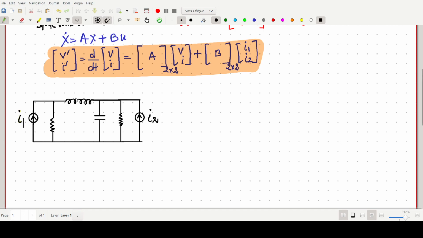Now just think this one is our inductor L, the generalized one. At the end we will write everything. And this one say R1 and R2, and suppose this one is our C.